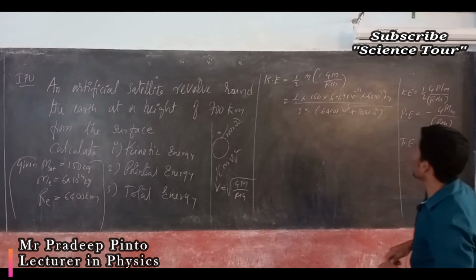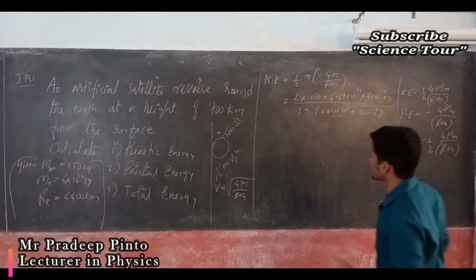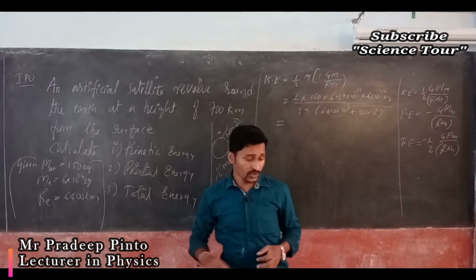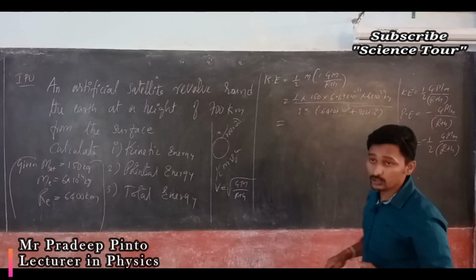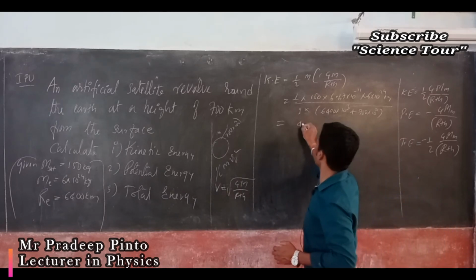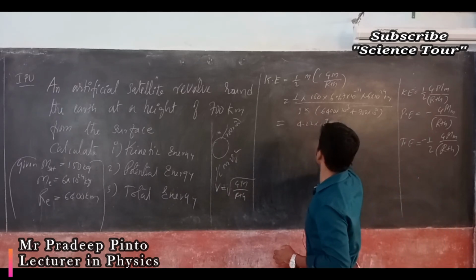Substitute it, everything is in SI units, and you are going to get the answer as 4.22 into 10 to the power 9 joules.